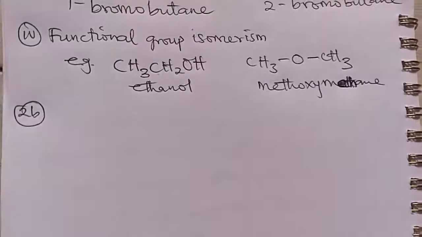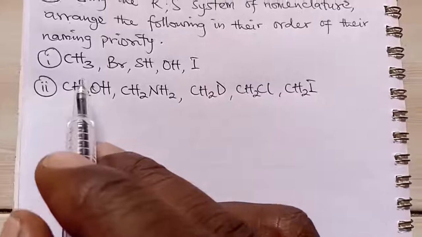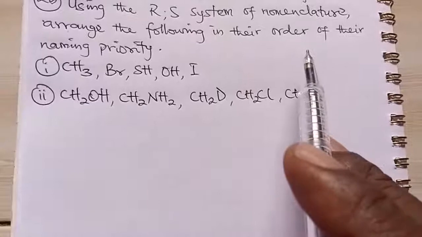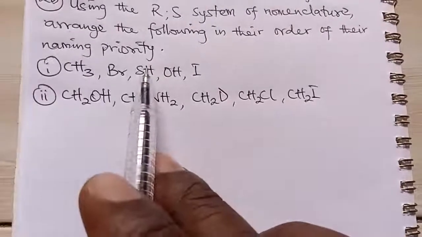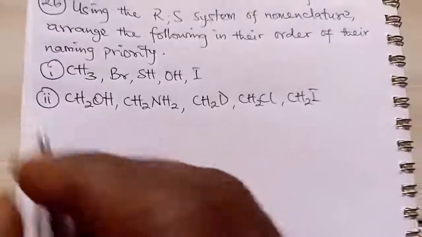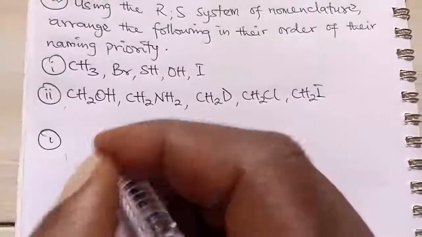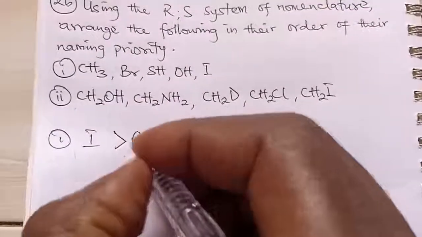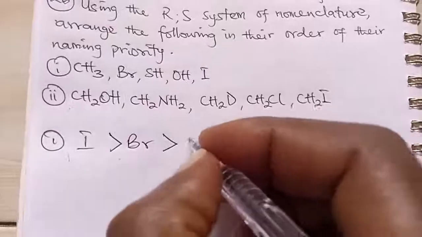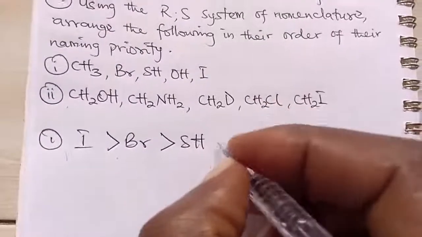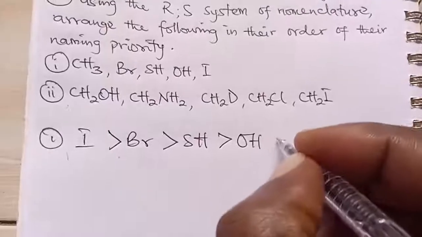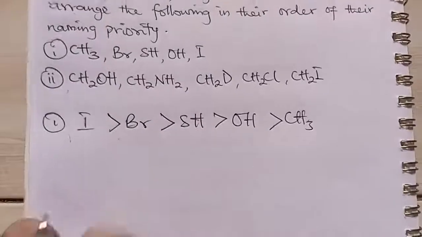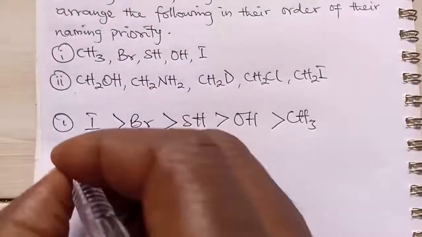The next question says, using the CIP system of nomenclature, arrange the following in the order of their naming priority. Okay, this is the first one. For us to answer the first one, if we are to arrange it, iodine comes first. After that, bromine. After that, sulfur. After that, OH. After that, CH3. Now, their atomic number is what plays a major role in this.